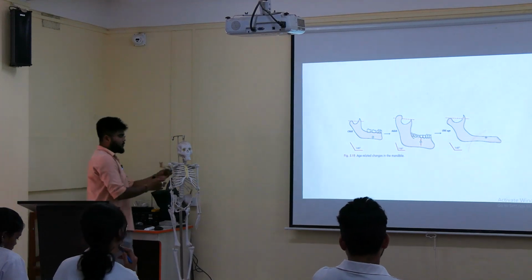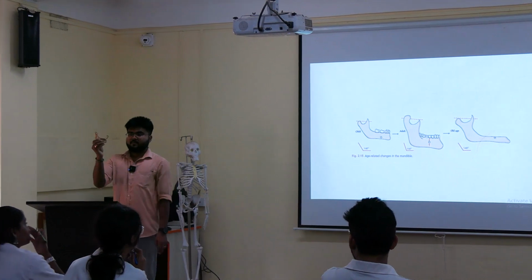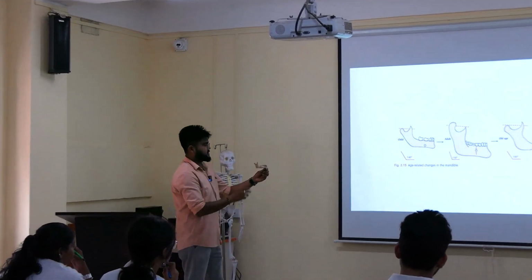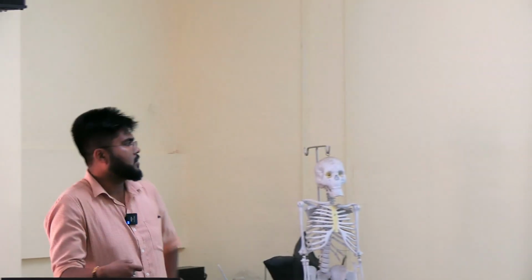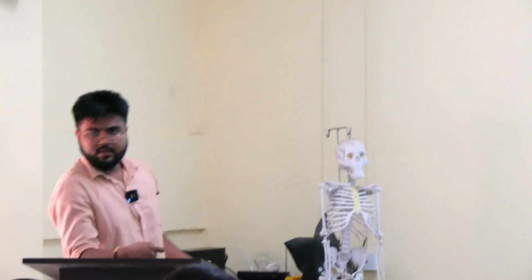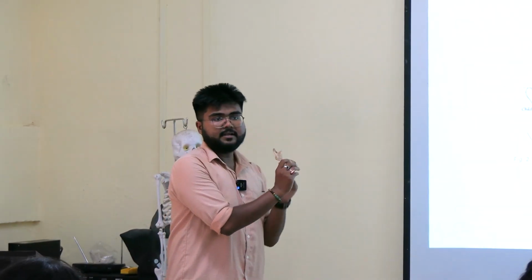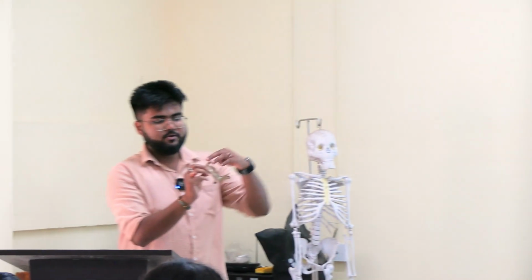Next, looking at this, which foramen is this? The mental foramen. By looking at the mental foramen you can tell whether this mandible is from an infant, adult or old age. Always remember in children the mental foramen is on the lower side, because the teeth are not properly developed.